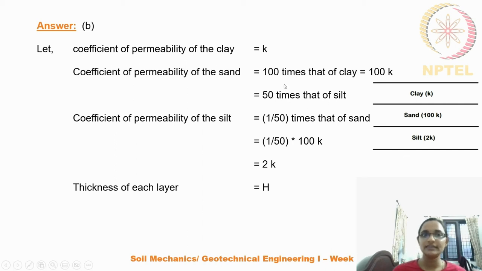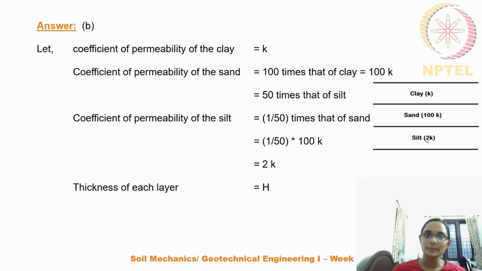Another relation that they have given is coefficient of permeability of sand is 50 times that of silt, or we can write it as coefficient of permeability of silt is 1 by 50 times of sand. That means K, 100K and 2K are the coefficient of permeabilities of each layer.